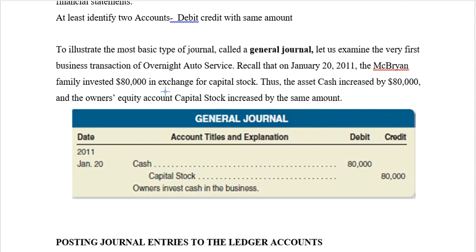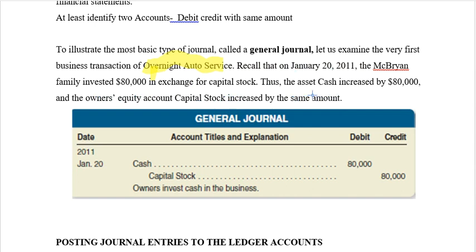Let's examine the very first business transaction of Overnight Auto Services. We are going to start a business, Overnight Company, which is going to be an investment in a business. That's the name of our owner. On January 20, 2011, McBaron family invested $80,000 in exchange for capital stock, asset, cash.